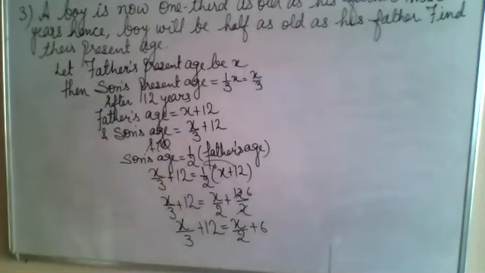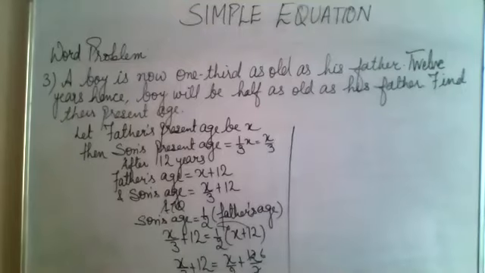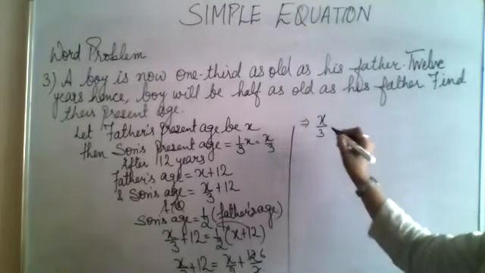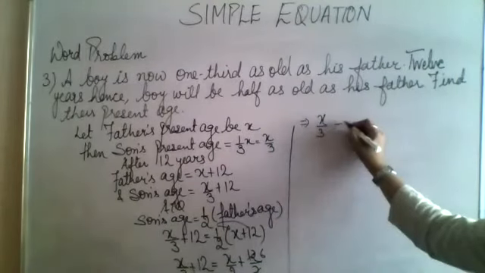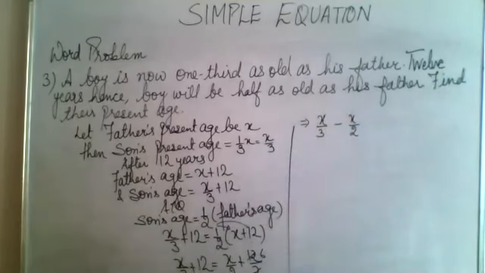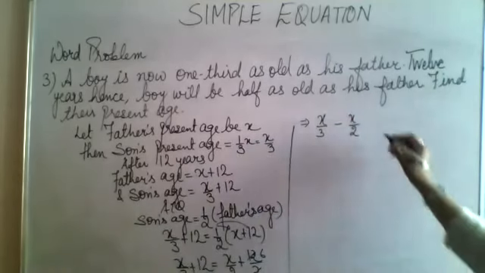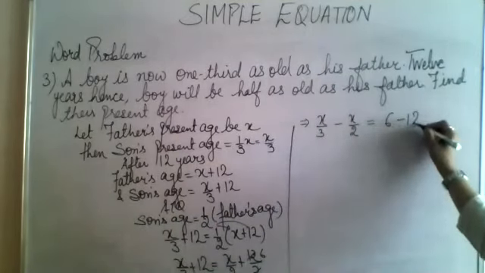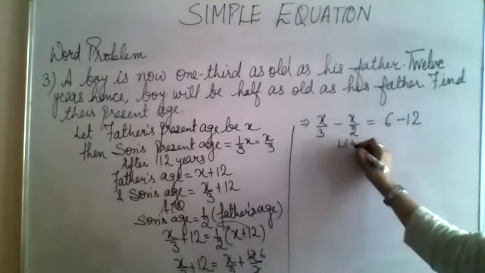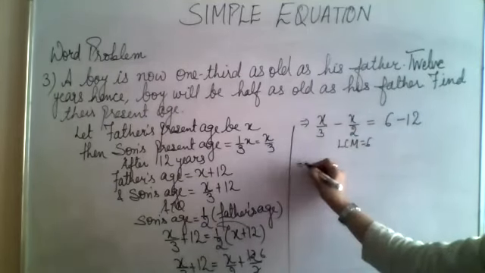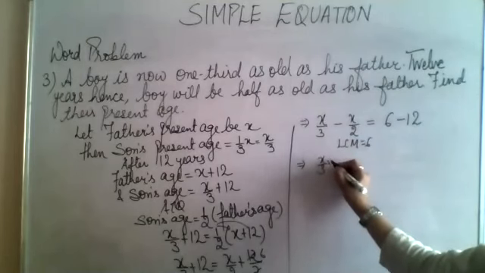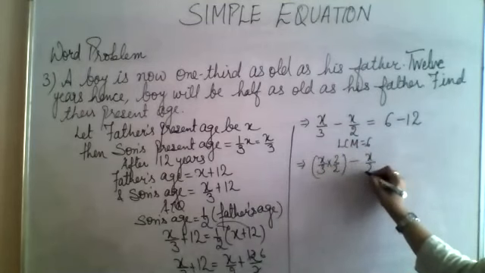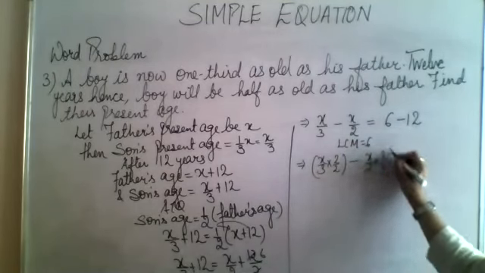Now keep variables on one side and constants on the other. We get x/3 minus x/2 equal to 6 minus 12. This plus 12 will come to the right side as minus. LCM will be 6. So make the denominator the same by multiplying by 2 and by multiplying by 3.